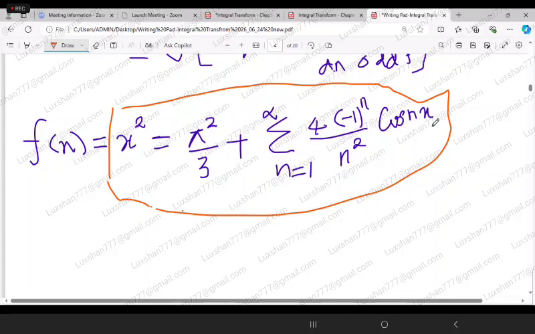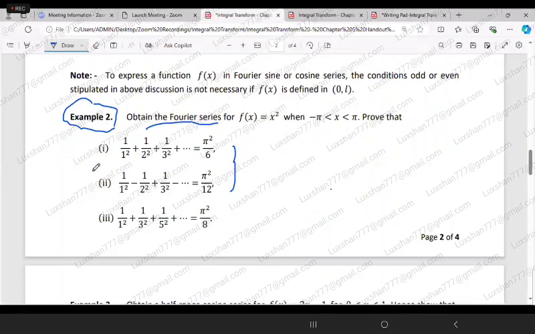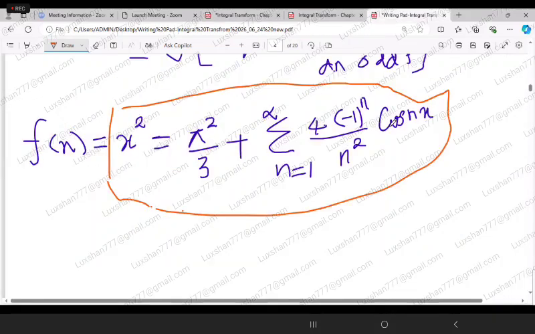Can anybody tell me what is the suitable value that we can put for x? So you have to think this time. What is the suitable value that you can put for x so that you can get this one? Look at here, all are positive. So here we have minus 1 to the power n.